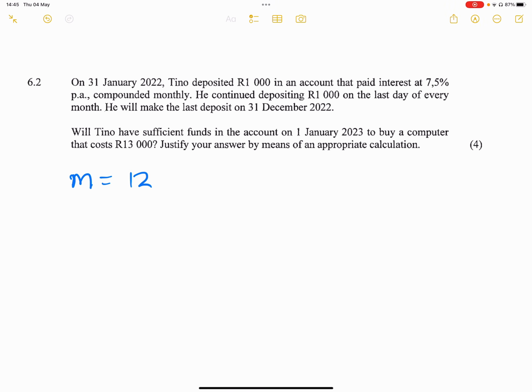In this case, we know that we're going to deposit a value of 1,000 rands every single month. And we know that our interest rate in this case is 7.5, but we need to divide that value by 100, so that will give us 0.075.